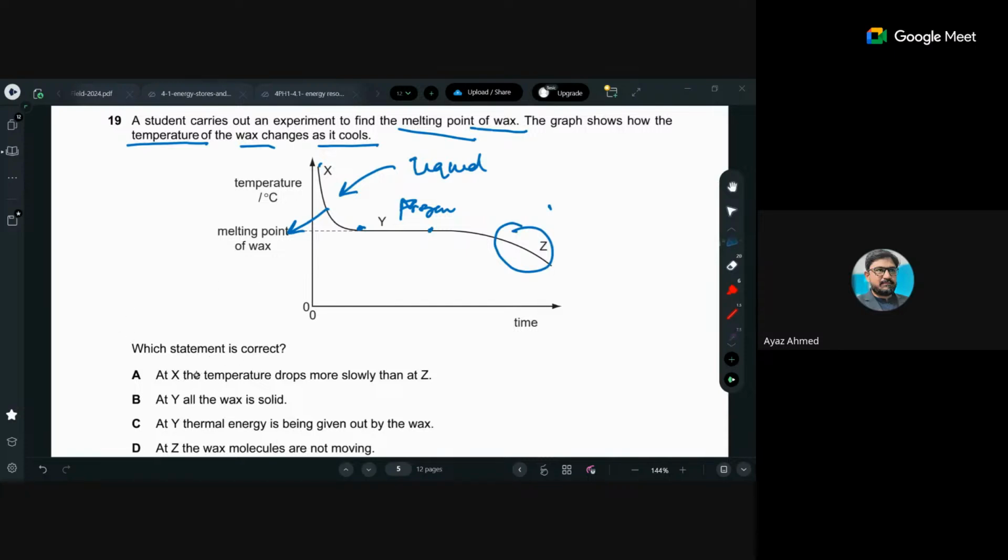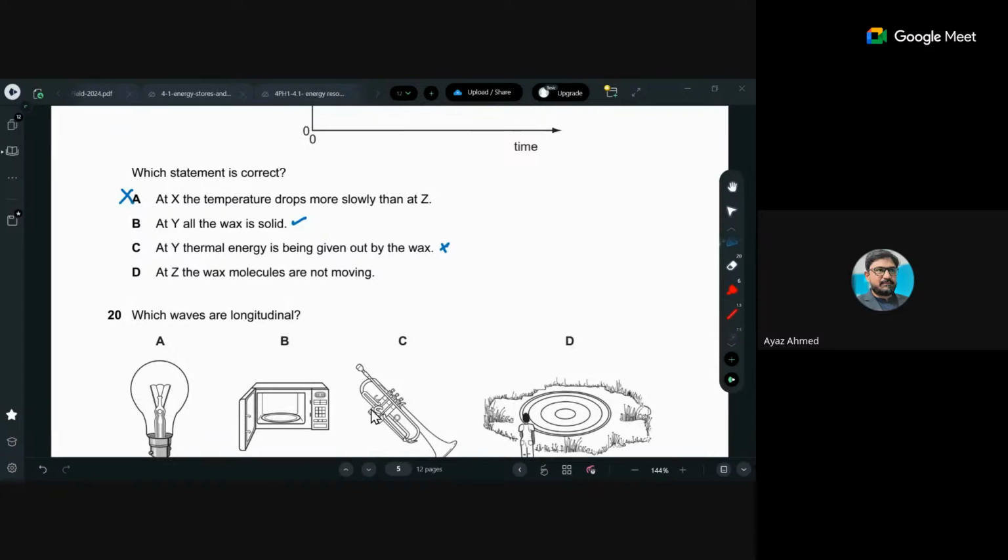At X, it drops more slowly? Wait. That is relative temperature. The temperature drop is more at X than at Z, so this is incorrect. Then, at Y, the wax is solid? Oh yes, we can consider it. At Y, thermal energy is being given out by the wax? No, because when it is solidifying, the energy change takes place.